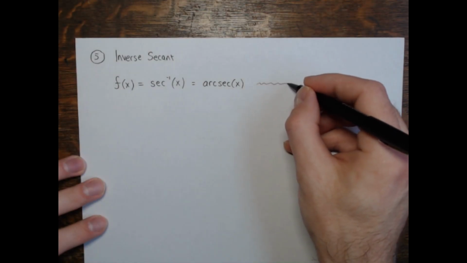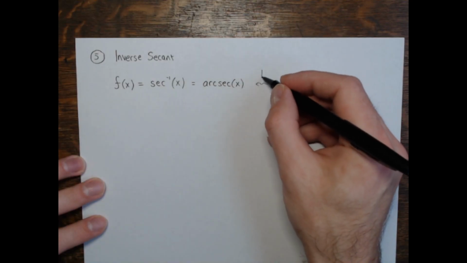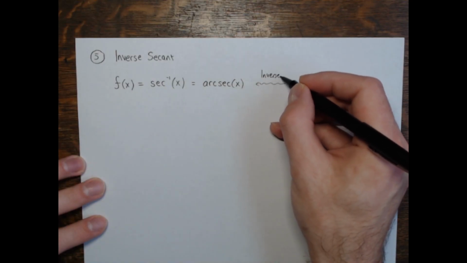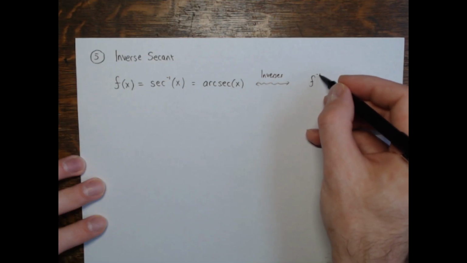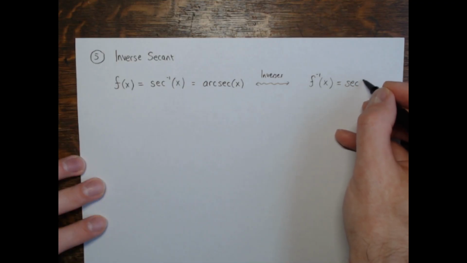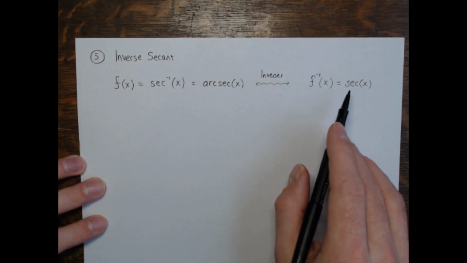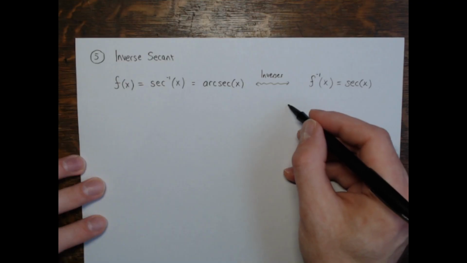So once again, if this is my original f, look at the inverse. Right? So f inverse would be regular secant. Remember, to find the derivative of this function, I would have to start with the derivative of this one, right?